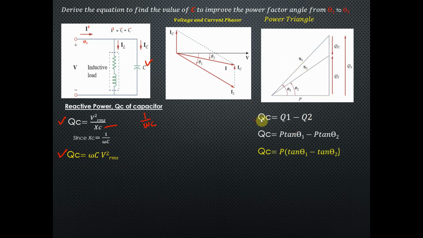From the power triangle, QC is the power on the capacitor, which is equal to Q1 minus Q2. Q1 is P tangent theta 1, and Q2 is P tangent theta 2. Factor out P: QC is equal to P times tangent theta 1 minus tangent theta 2.